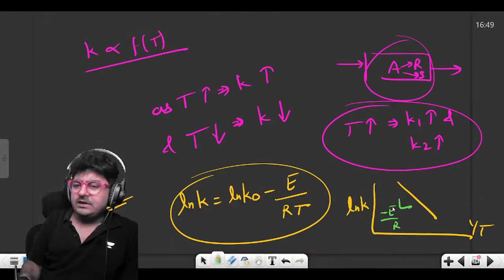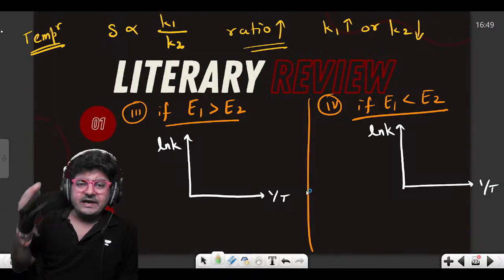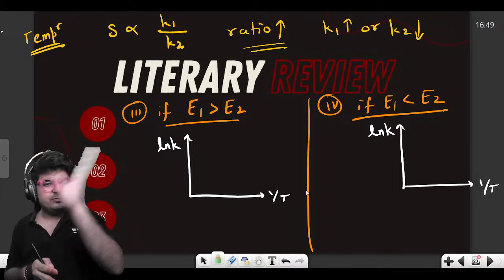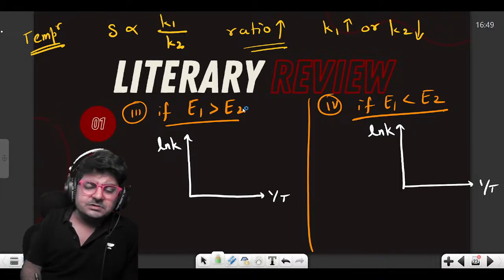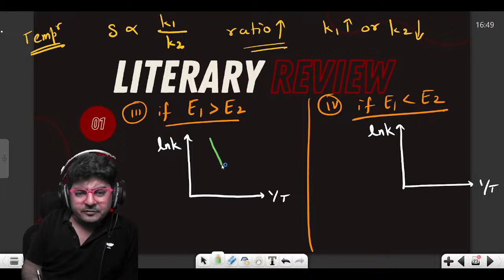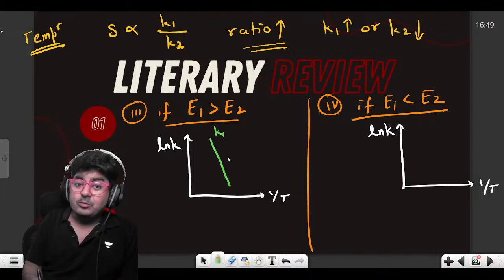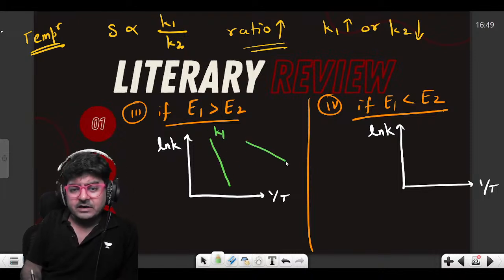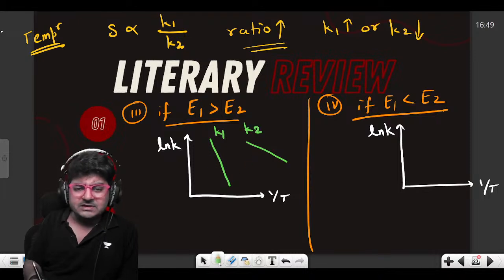Slope depends on E, activation energy. So high activation energy means high slope, more steeper. E1 is large, E2 is small. So the curve for K1 will be more steeper as compared to curve for K2. I hope you understand this.